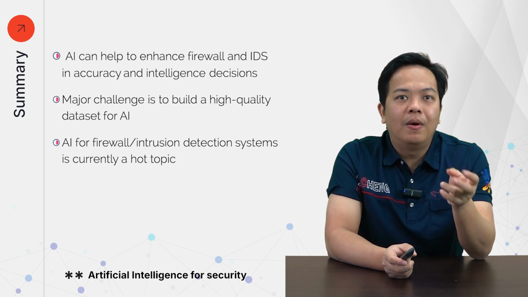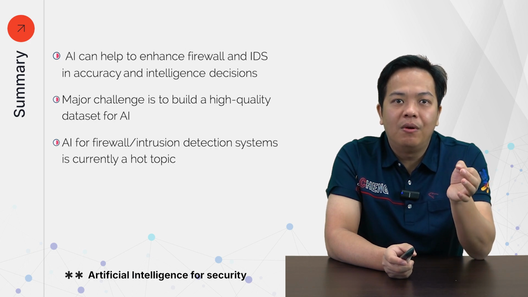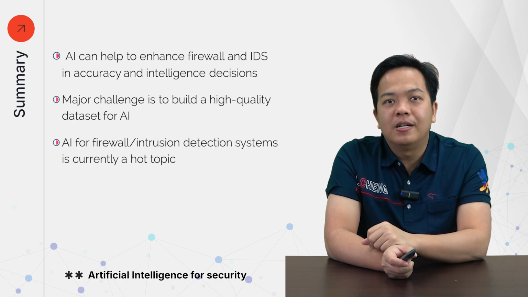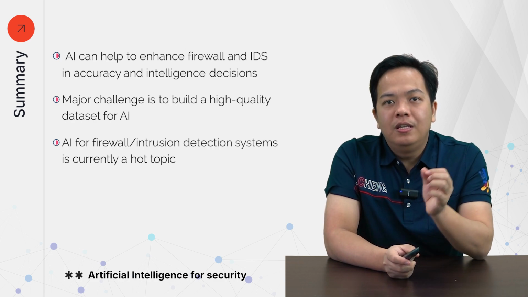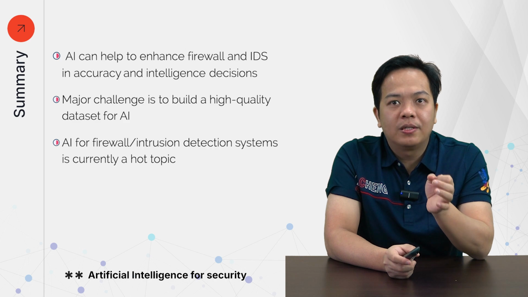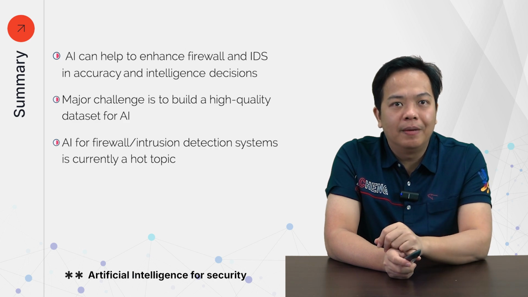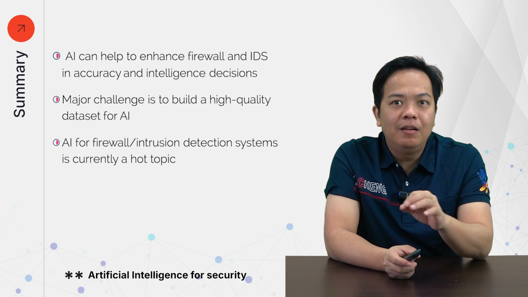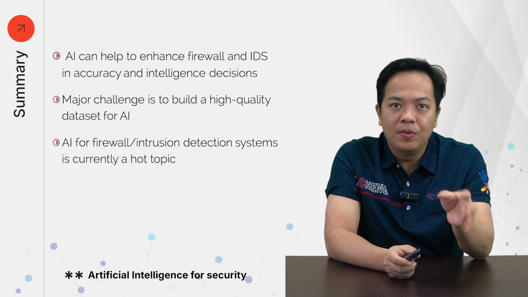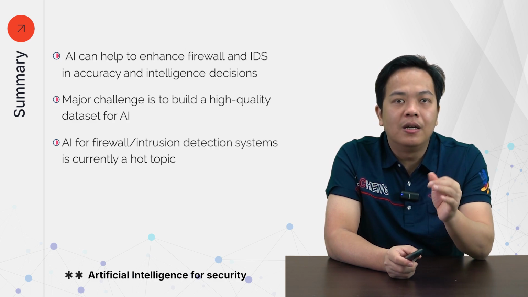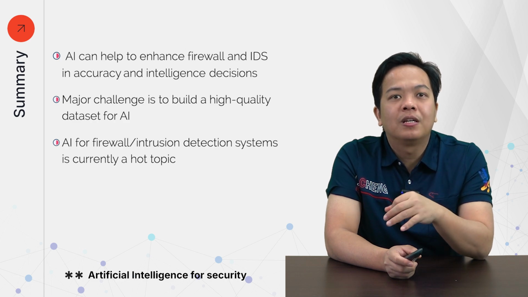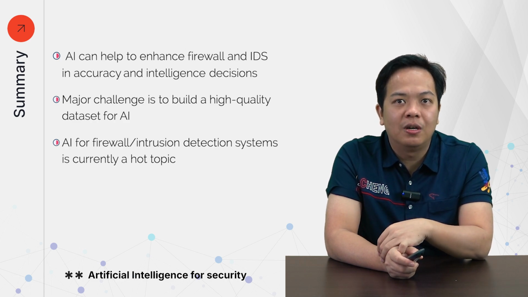But the one key point in building AI for security is the data set. You need to select a good data set, and if you want to build the data set, you must spend quite a long time. Because AI relies on big data, if you do not have a data set, you cannot do it. I think the accuracy is not improved so much compared with the conventional or traditional model.